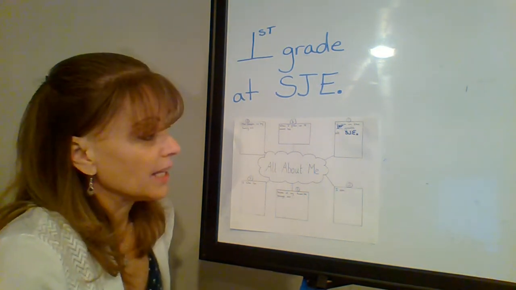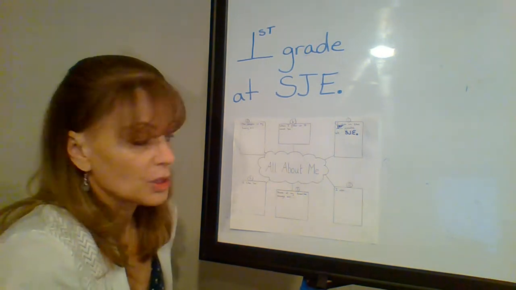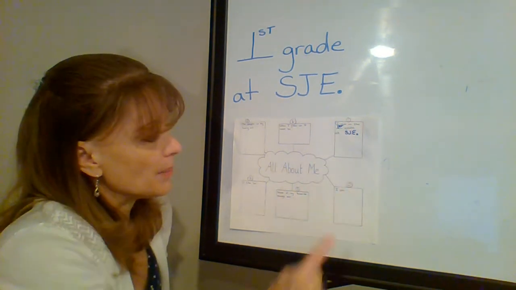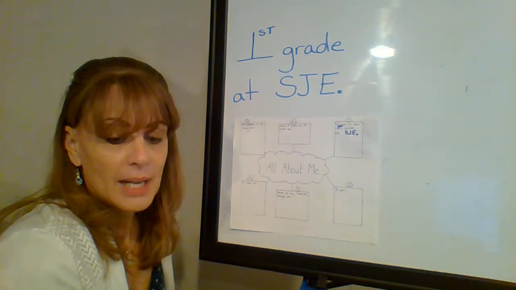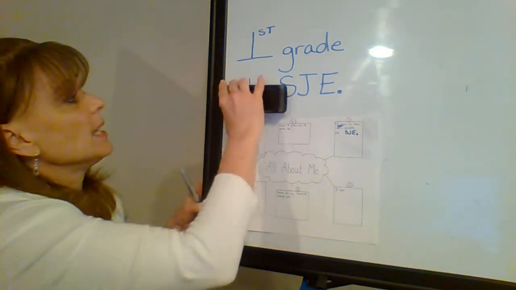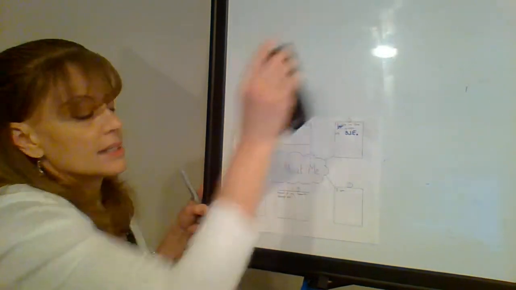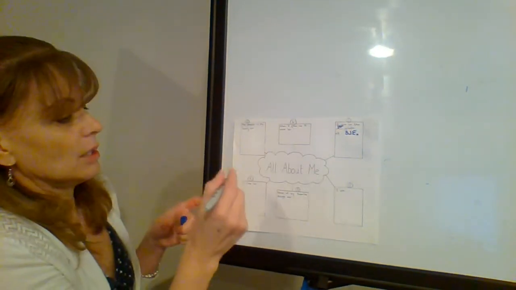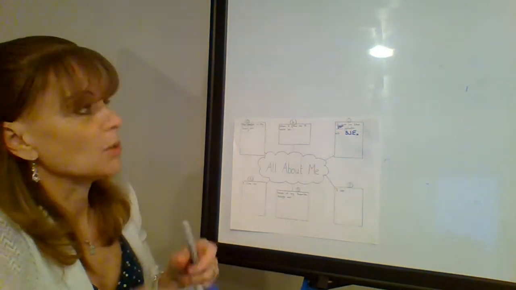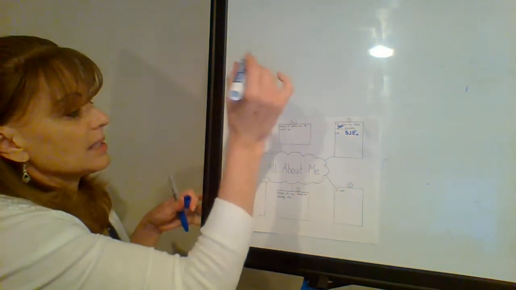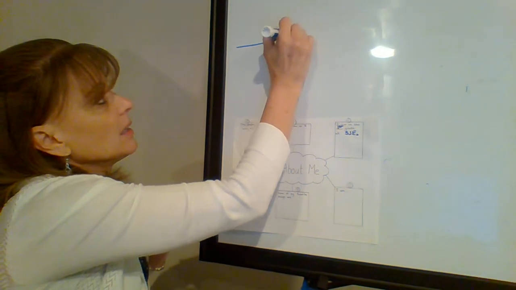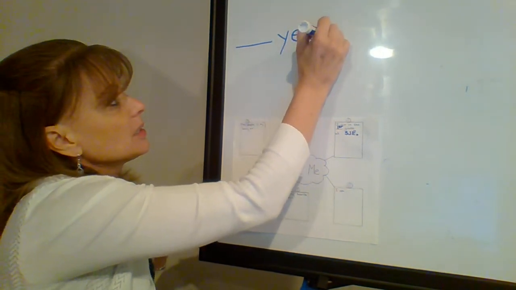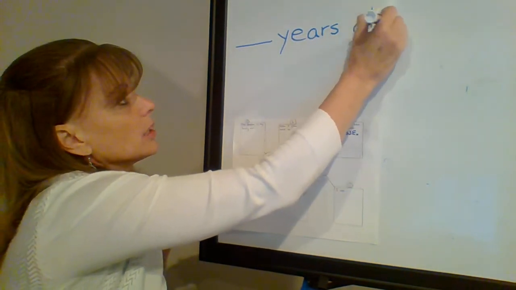The next one is number 2. So right underneath it is number 2. I am. How old are you? Some of you are 6. Some of you are 7. Oop, I almost used the wrong marker. So it says, I am blank years old.